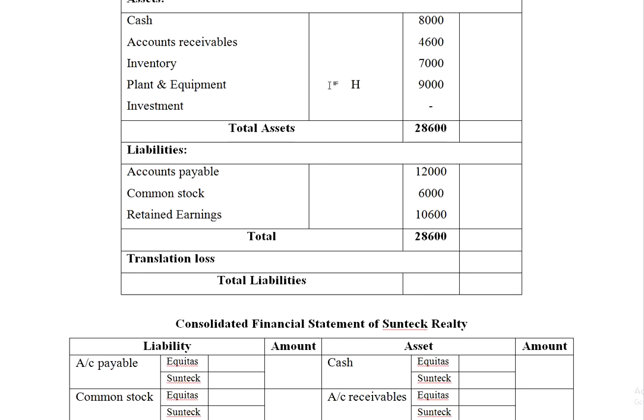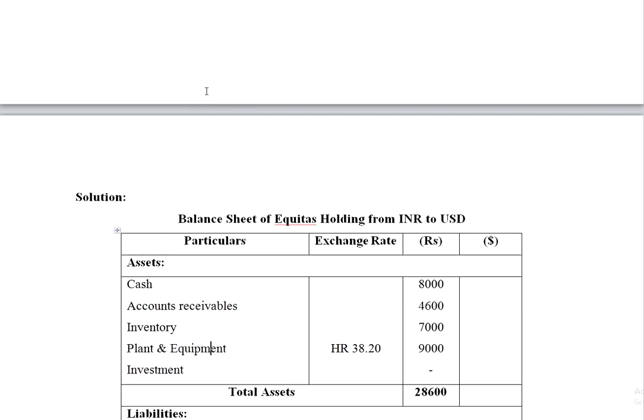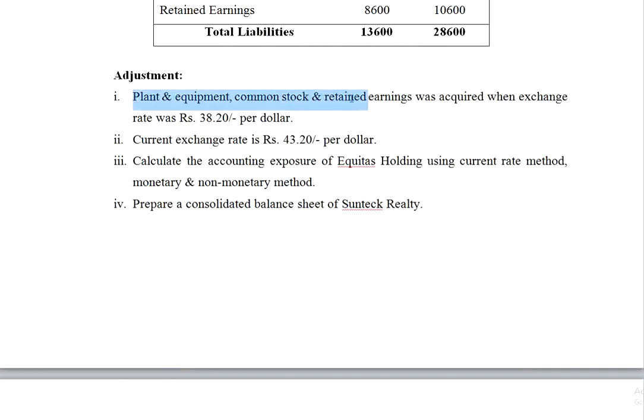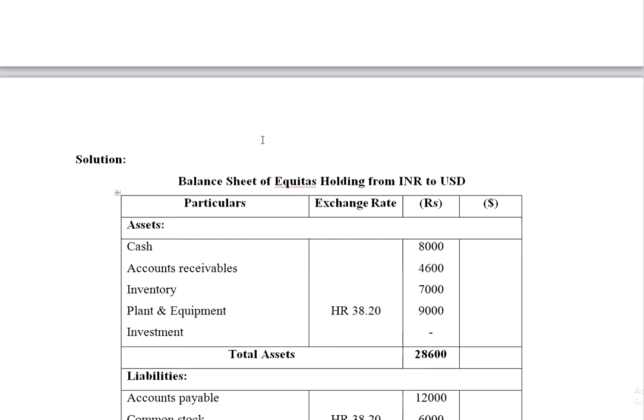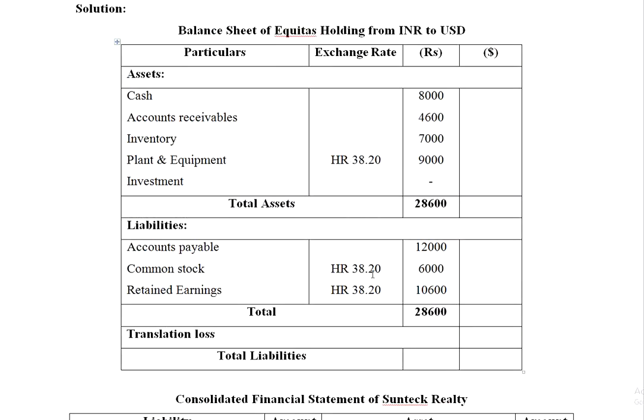So HR, this is 38.20, and similarly here also, common stock is acquired at the rate of 38.20, and retained earnings 38.20. As mentioned in the question, these three items, common stock, retained earnings, and plant and equipment, are acquired at the rate of 38.20, which means it is a historical rate. I mentioned it over here, right?